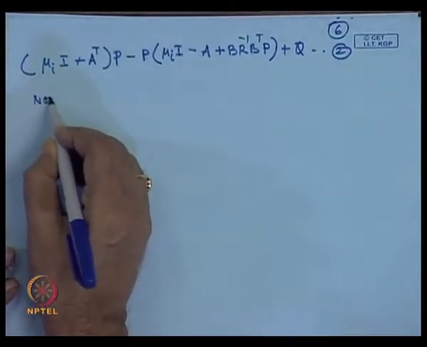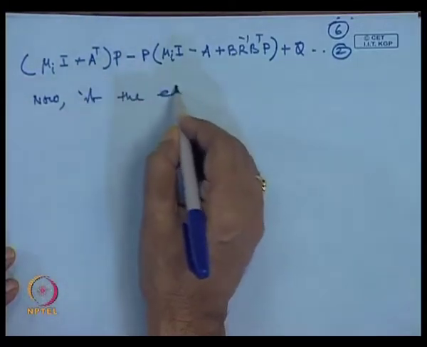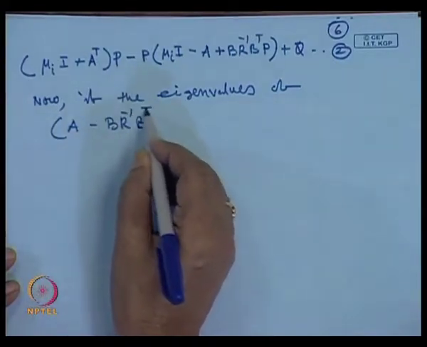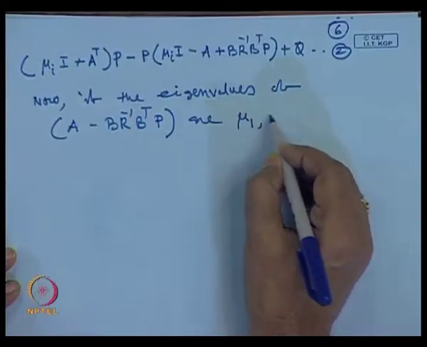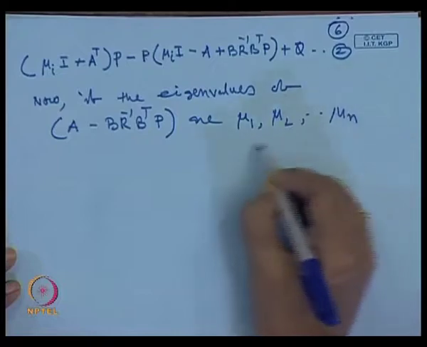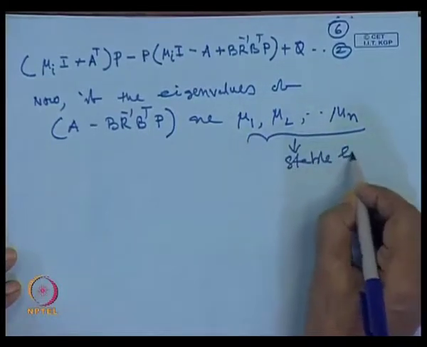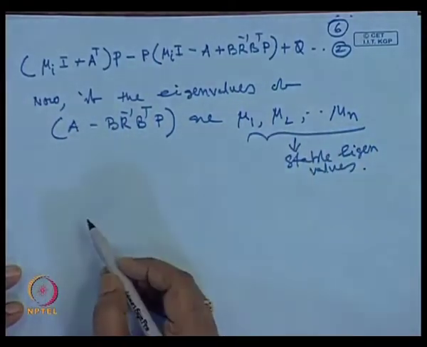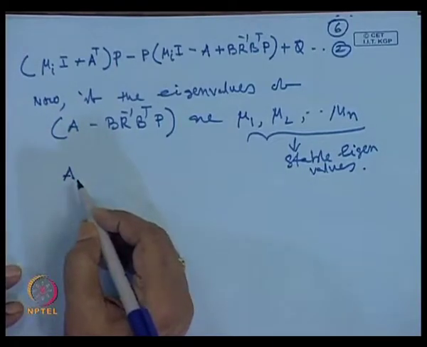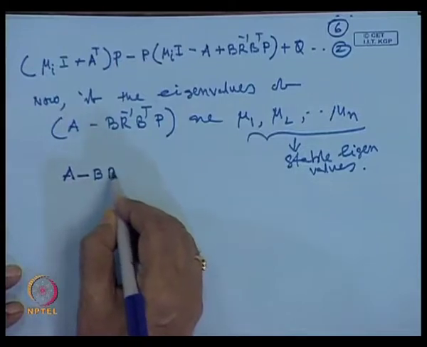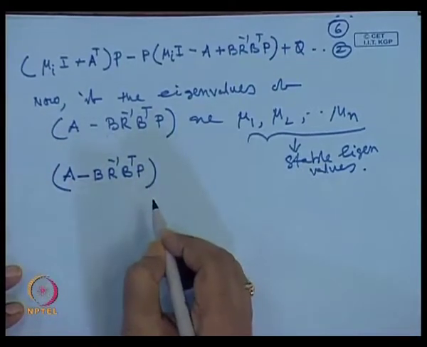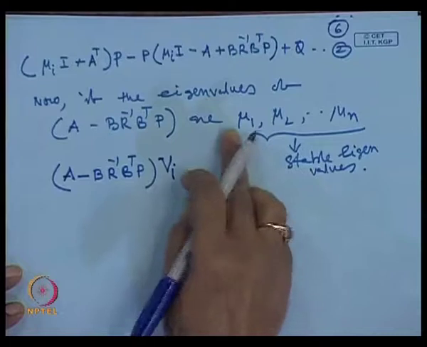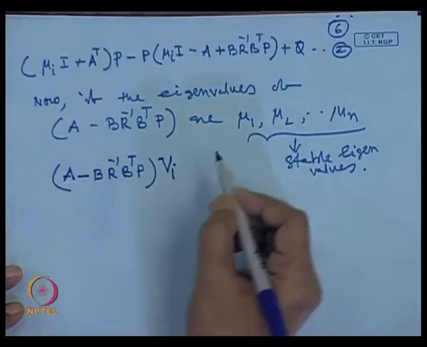So, now next is the eigenvalues. Let us go now. If the eigenvalues of A minus B R inverse B transpose P are mu 1, mu 2, up to mu n, and they correspond to stable eigenvalues, then we can write, by the definition of eigenvalue and eigenvector, A minus B R inverse B transpose P into that vector V I. Let us call the eigenvectors corresponding to these eigenvalues V I, with I equal to 1 to n.